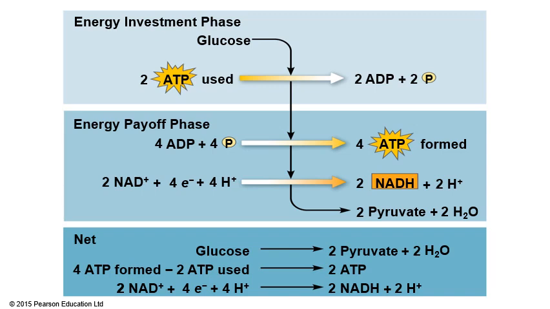The net productivity is 2 ATP produced through glycolysis. And another thing: through glycolysis, they reduce 2 molecules of NAD+ to NADH. That's the productivity for glycolysis. Don't try to memorize all those numbers. If you understand just the concept, that's enough.